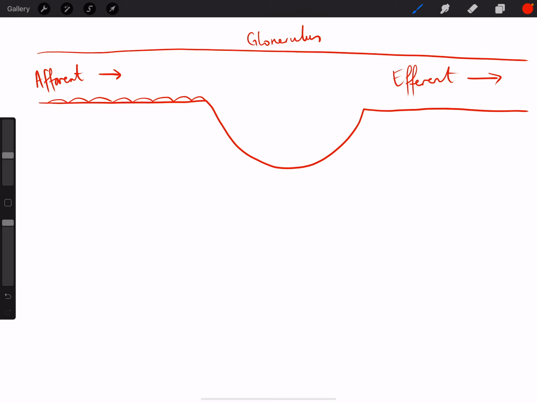Now, interestingly, the endothelia at the glomerulus has holes in it. Now, if something has holes in it, we can use a term that's called fenestrated. So the glomerulus has fenestrated endothelia. So there's the endothelia, and there's holes in them.